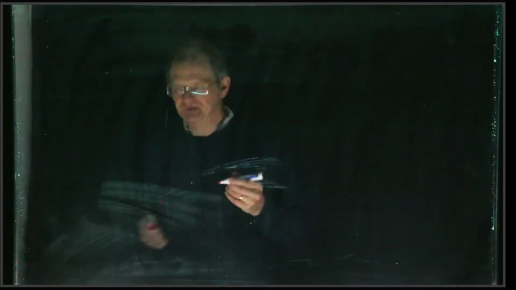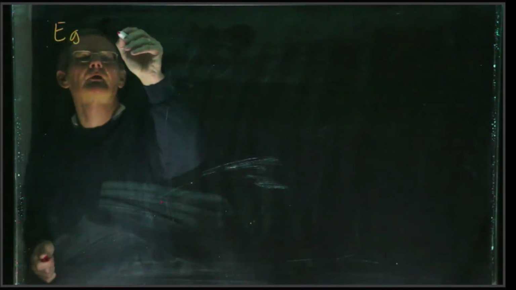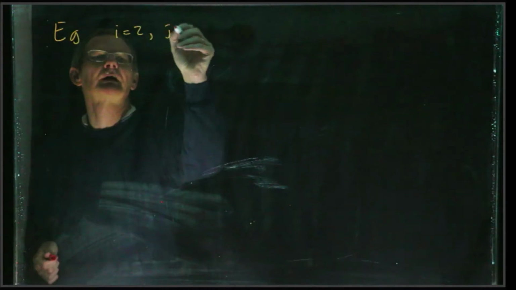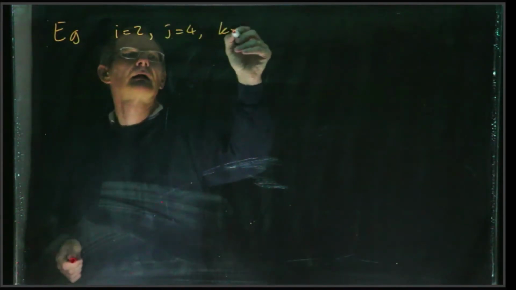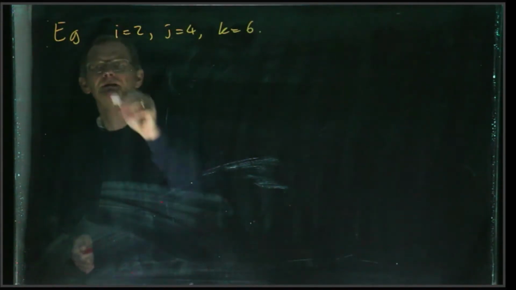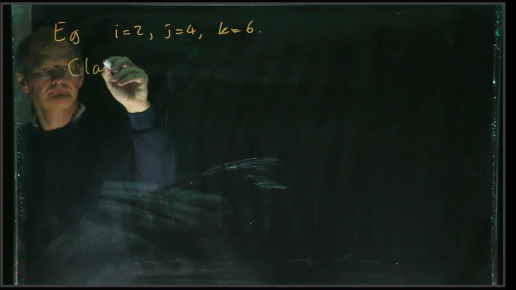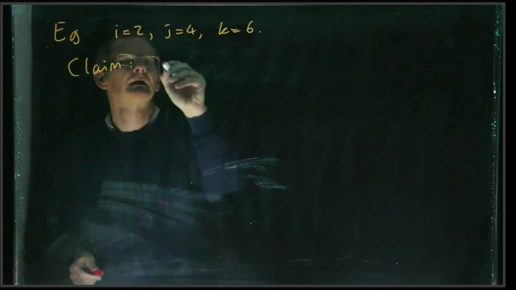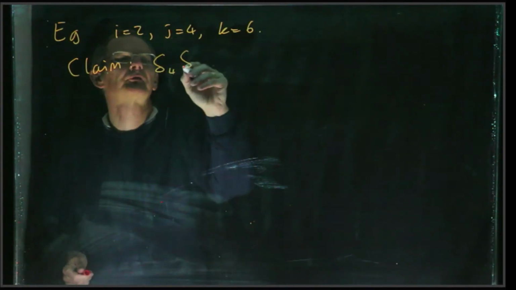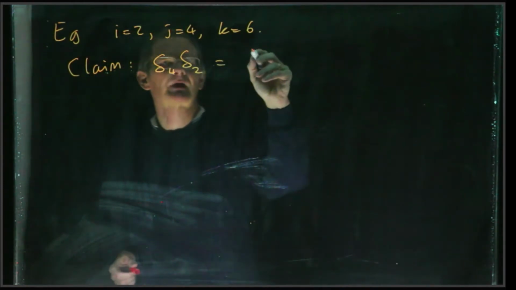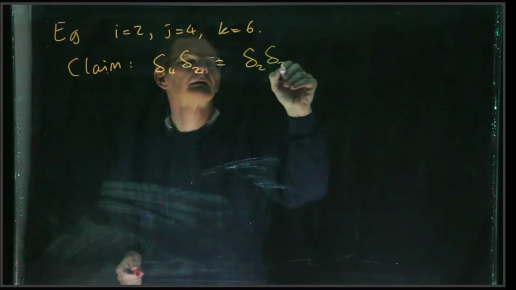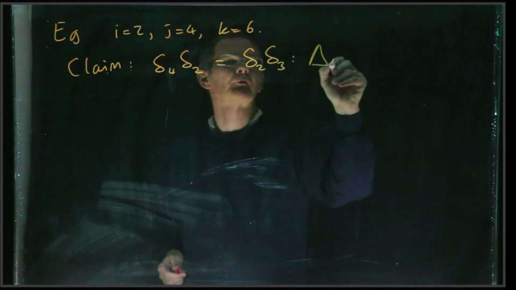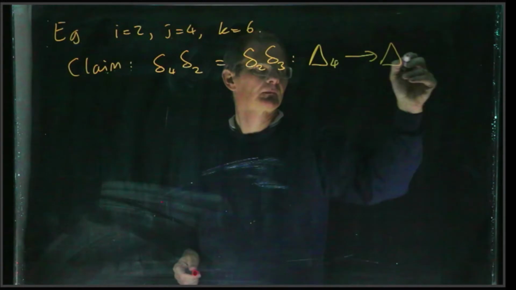Okay, well maybe just do one more example of that. Let's say I is 2, j is 4, k is 6, and so then the claim is that delta 4 delta 2 is the same as delta 2 delta 3 as mapped from delta 4 to delta 6.